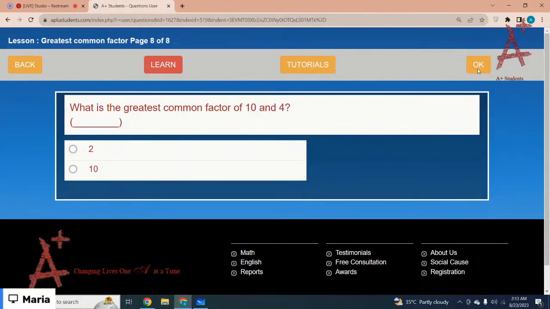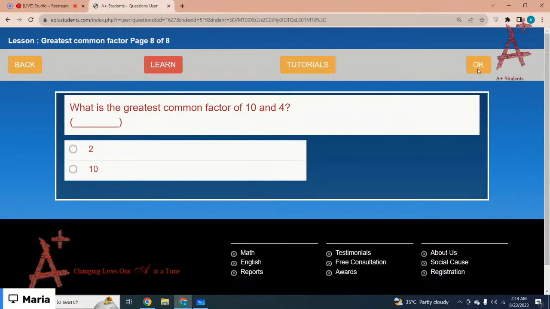What is the GCF of 10 and 4? So you have been given two options, 2 and 10, right?